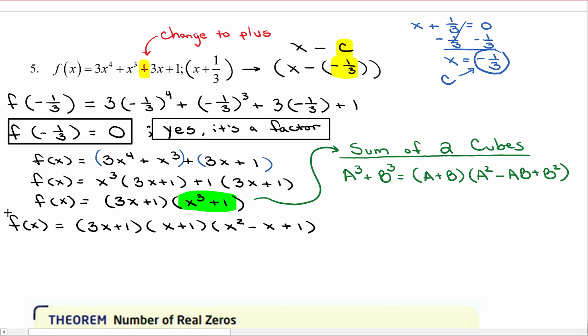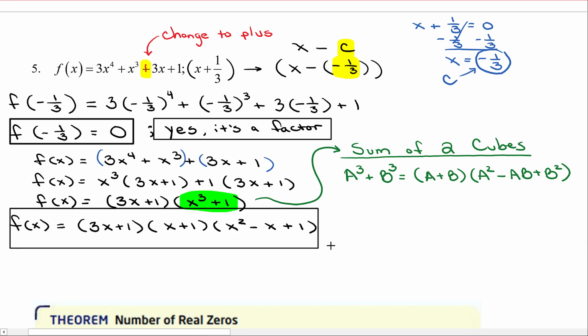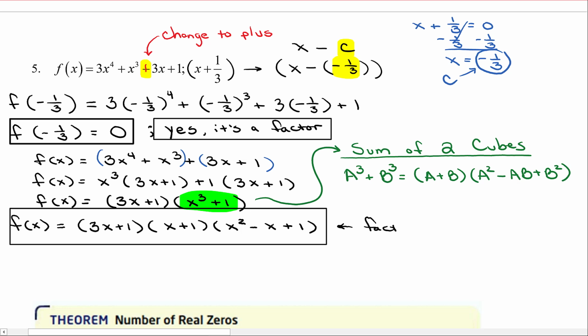It might have looked a little nicer if I had written, yes, that x plus 1/3 is a factor. That might have looked a little nicer if I had written it out that way. And then this is the factored form of the function. So there, I think that was all that this problem was asking for.